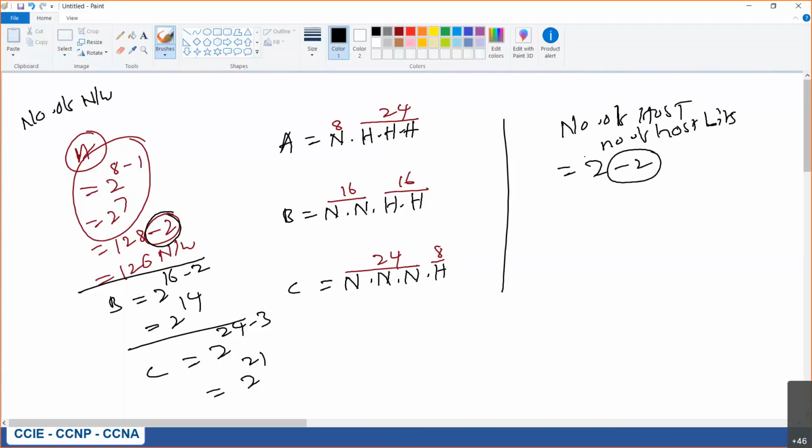So why minus 2? Broadcast ID and network ID. That's it. So in the number of hosts, 2 IPs are subtracted for network ID and broadcast ID.